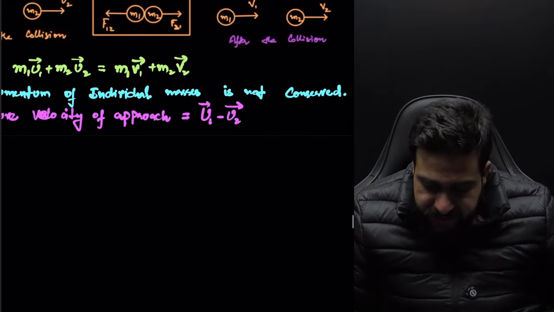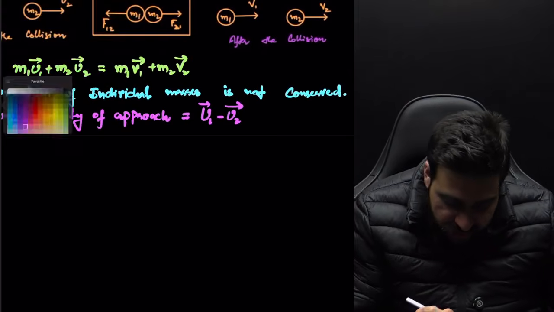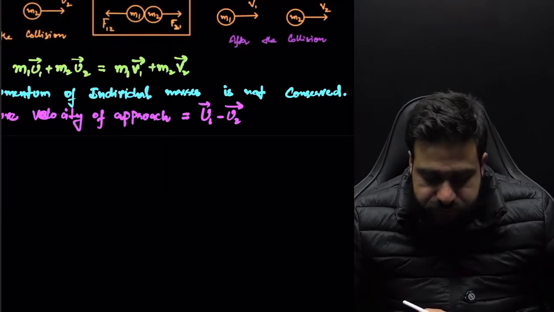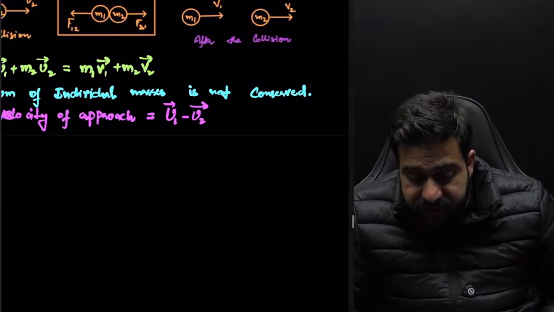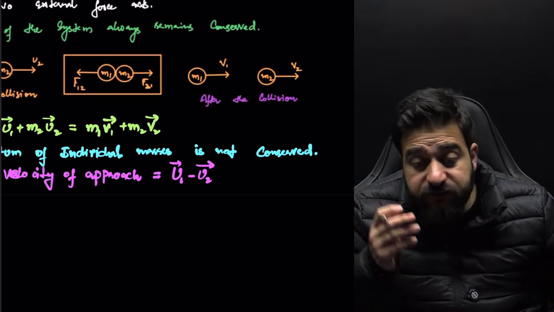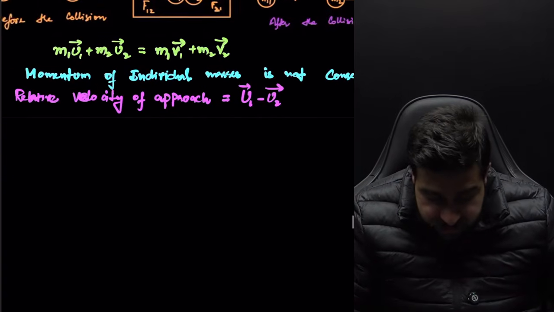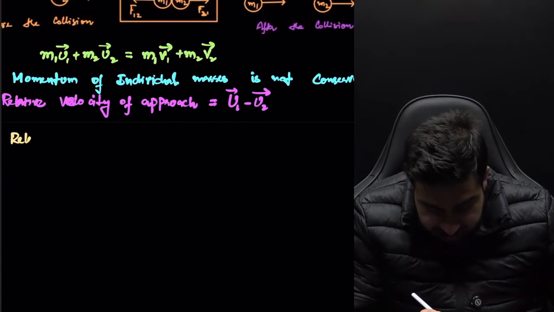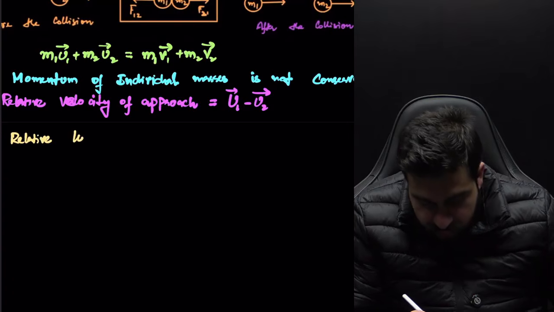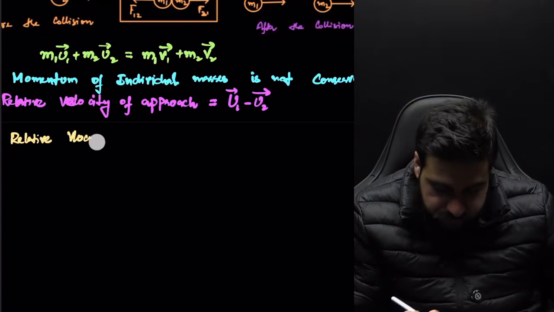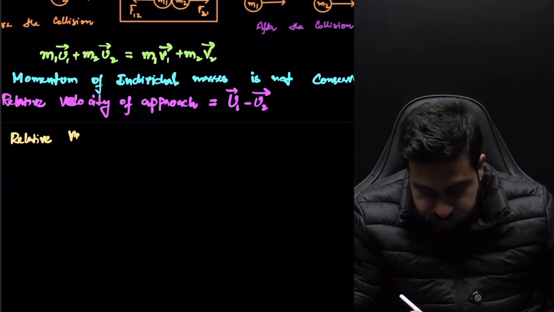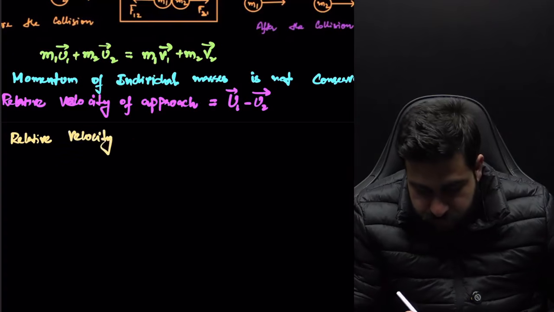And then, my dear NEET aspirants, what is the relative velocity of separation? With what velocity are they separating? Sir, they are separating with velocities v1 and v2. So I'll write over here, relative velocity of separation.